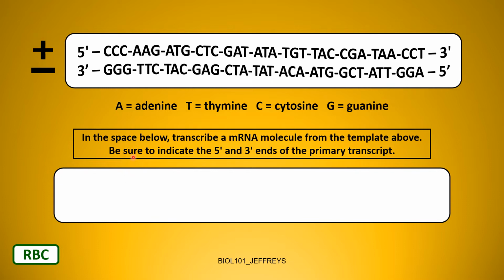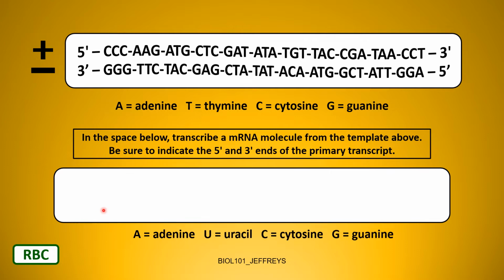Now remember, these are the nitrogenous bases for DNA, and you'll recall from chapter 15 that in RNA there is no T. So it's adenine, uracil, cytosine, and guanine, okay?